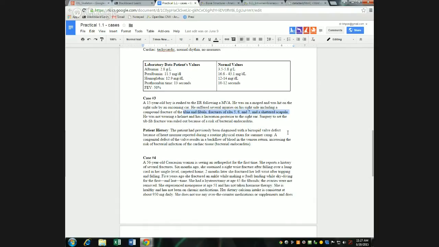For example, femur is not one of the ones listed here, but I got a femur right here. So for the bones that are mentioned in the case, it would be wise for you to look through these and make sure you know where these things are. So for the femur, for example, it points out the head and the neck of the femur.